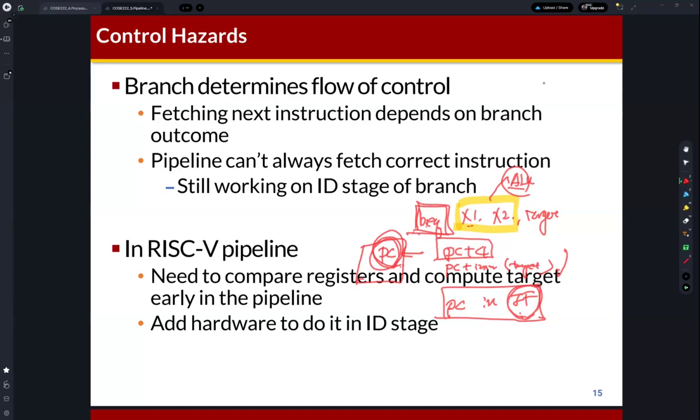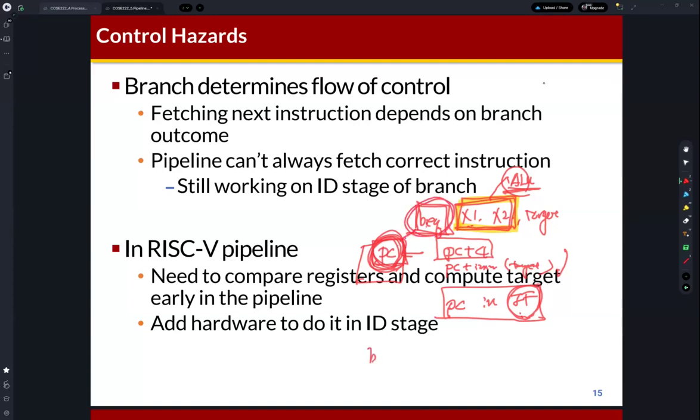So until we know the result of the comparison by the ALU, we don't know the PC value after the BEQ.